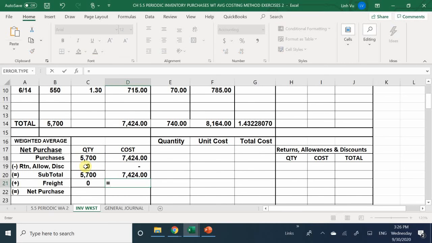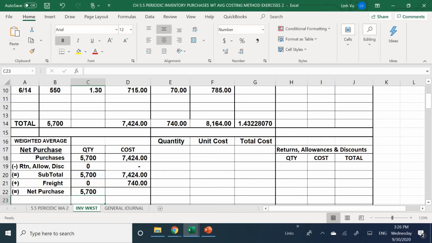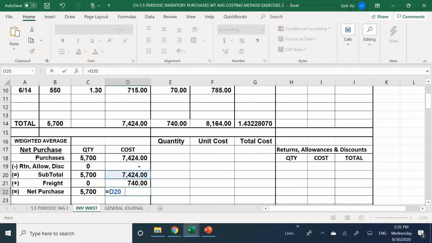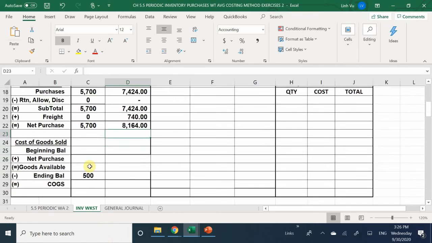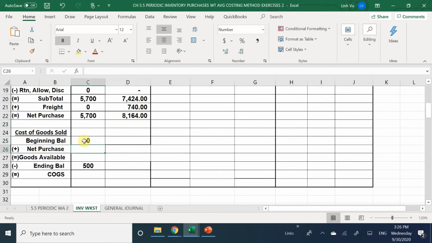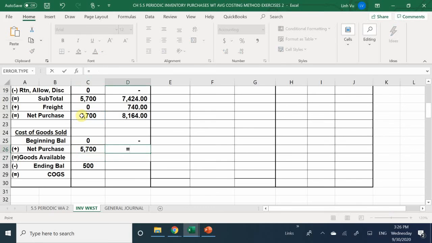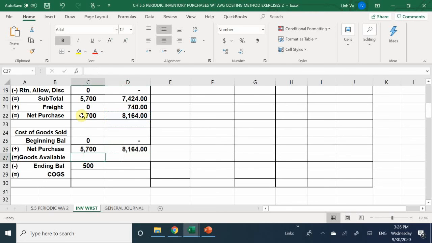My freight was giving me a grand total of 8,164. Good. Of course, we don't have any beginning inventory, so we can safely assume that. And we're going to bring down our net purchases, which in this case, because we don't have beginning inventory, everything's going to look the same.